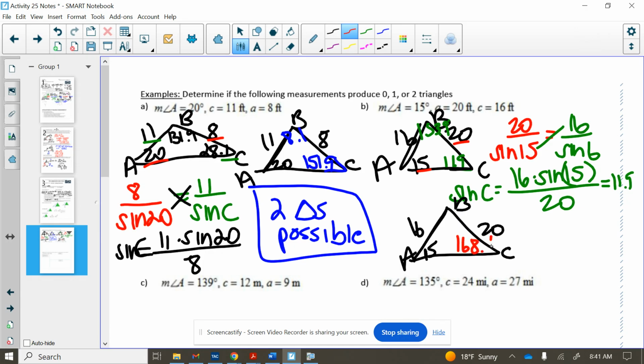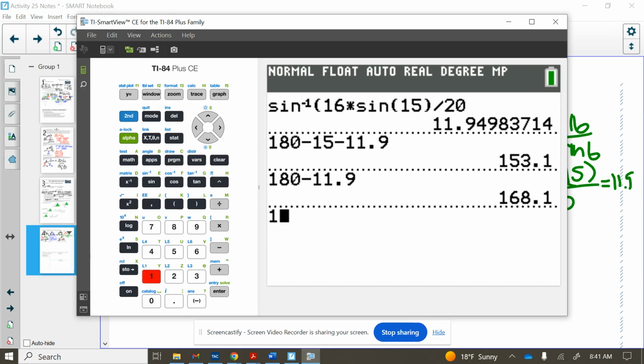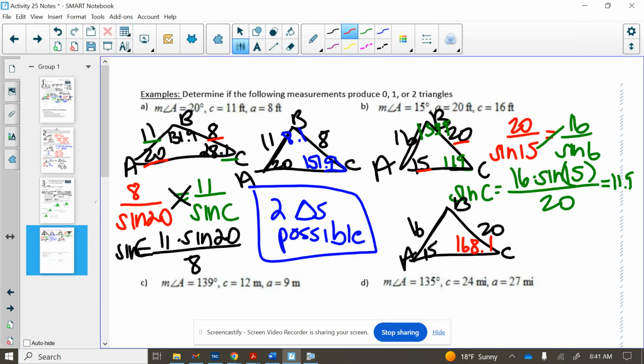There's not enough degrees left over using the given, and now we're into the negative degrees. That's not enough room left over, that's negative for angle B to exist. So de facto, that second triangle just is not going to exist. So there's only one triangle this time.